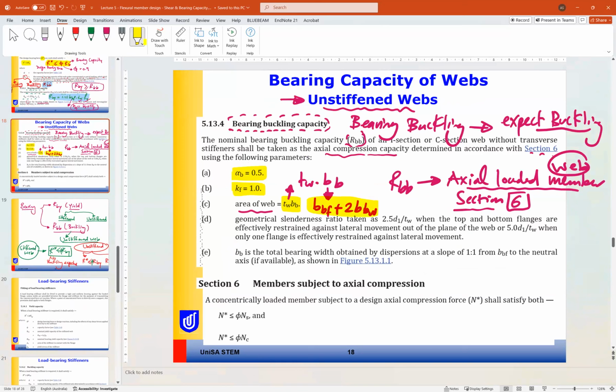Okay, so we will consider it as an axial loaded member, and we will follow the procedure of section 6.